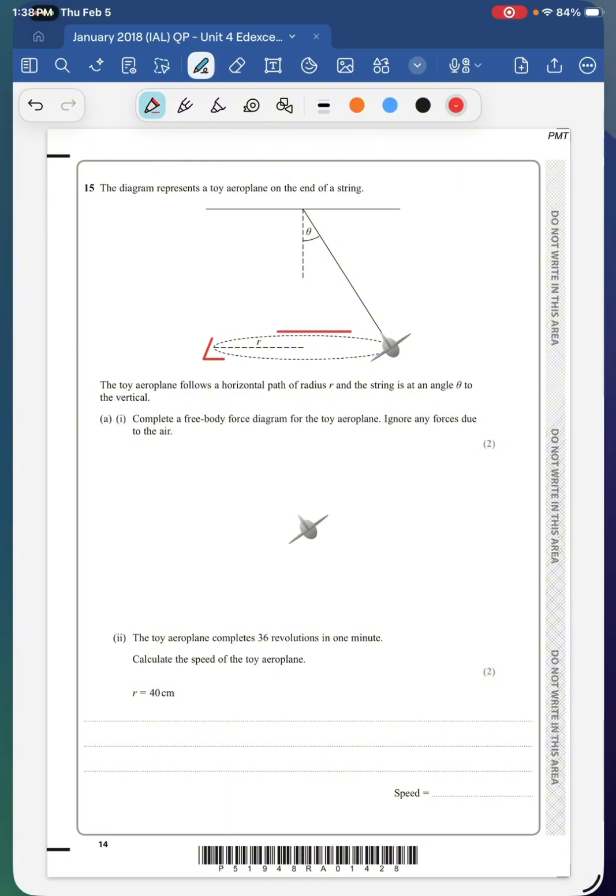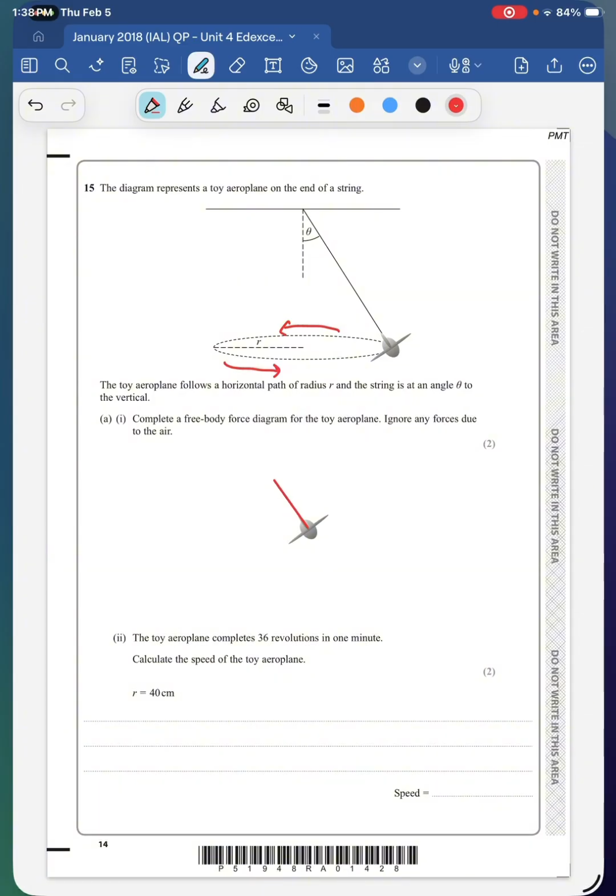No, this is not what I need. I'm sorry, let's go back to what we had. So this is what the aeroplane does. Now let's put the forces. Here we do need a straight line. I actually want the straight line to be this way.